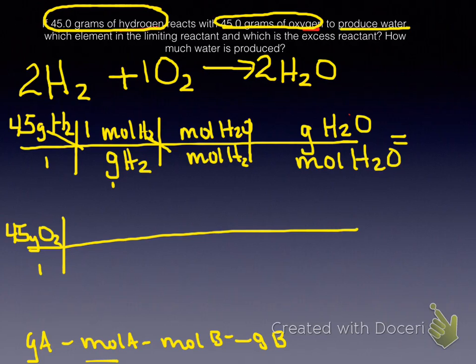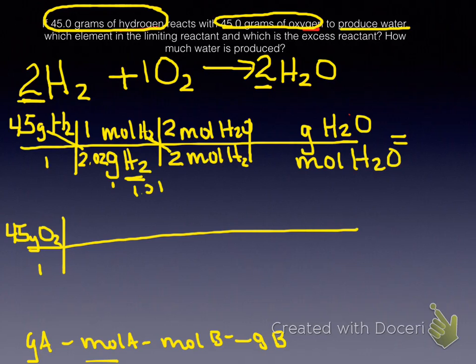So, molar mass of hydrogen. Hydrogen is 1.01. We've got 2 of them, so we're going to have 2.02. When we have moles of one thing to moles of another, we use the mole ratio, the coefficients from the balanced chemical equation. So 2 water, 2 hydrogen.